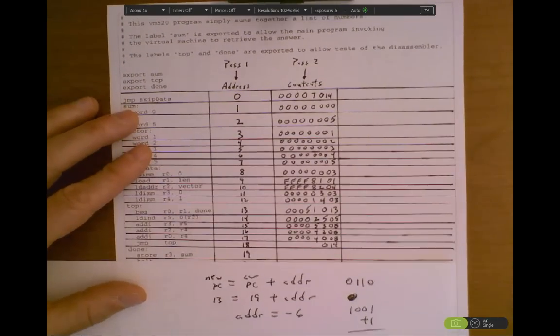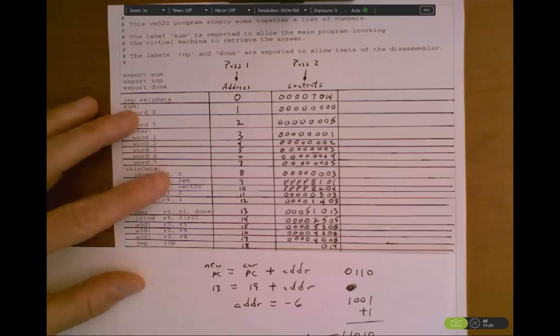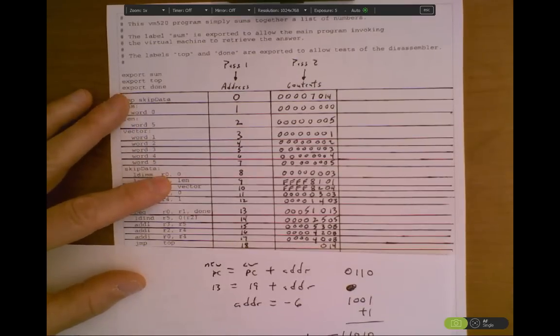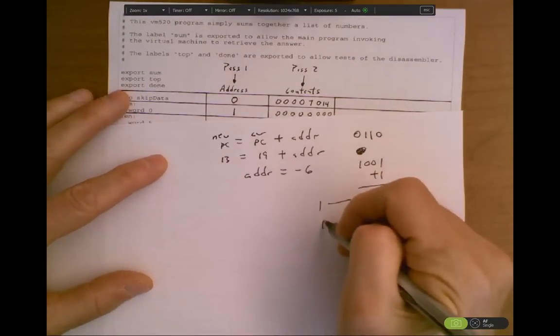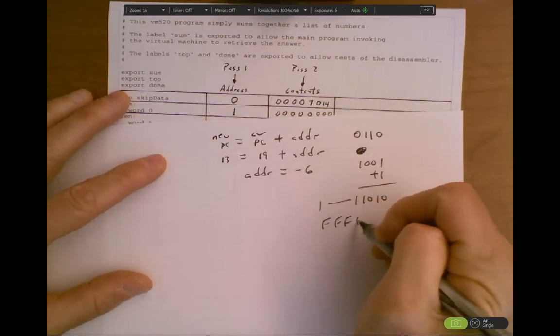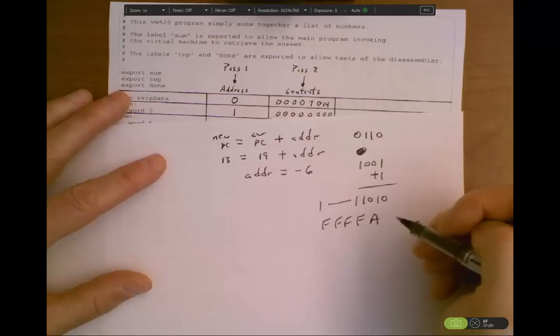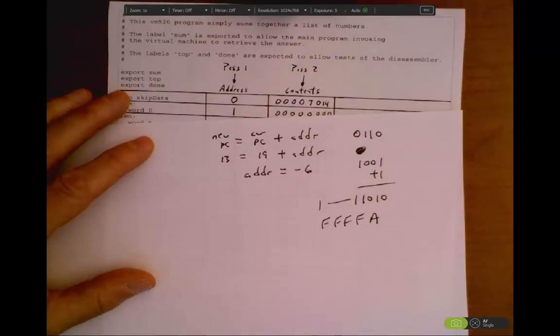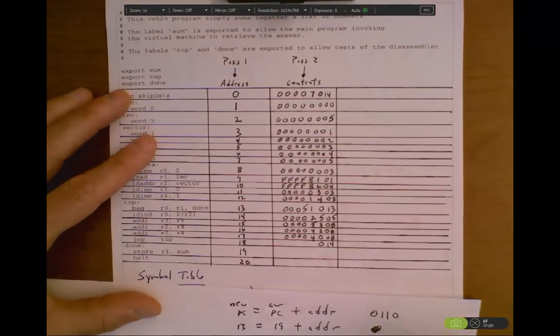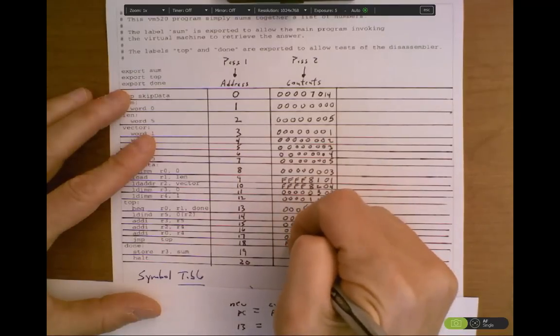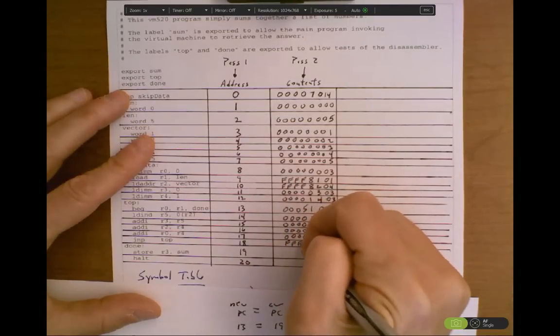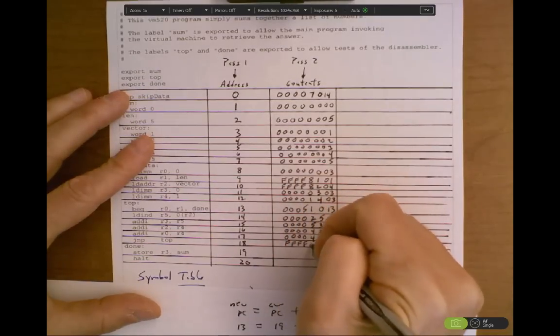In this case, it's 5 hex digits for the address. So that's going to be F, F, F, F, and A. So back to encoding the instruction: F, F, F, F, A.